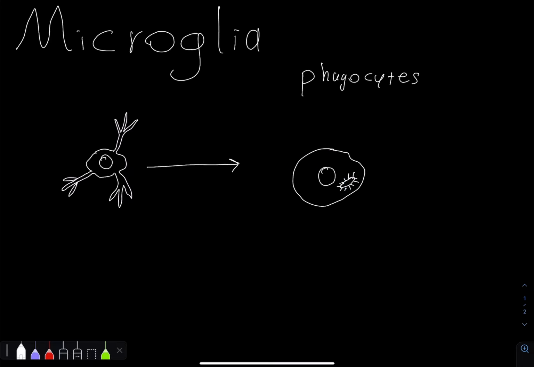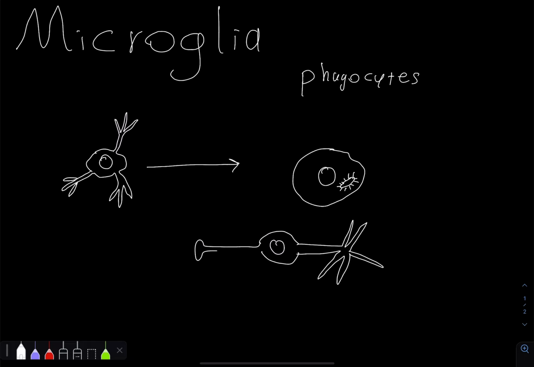Or let's say we have a neuron, and let's draw a bipolar neuron. It has these dendrites, and it has a little axon on the other side.